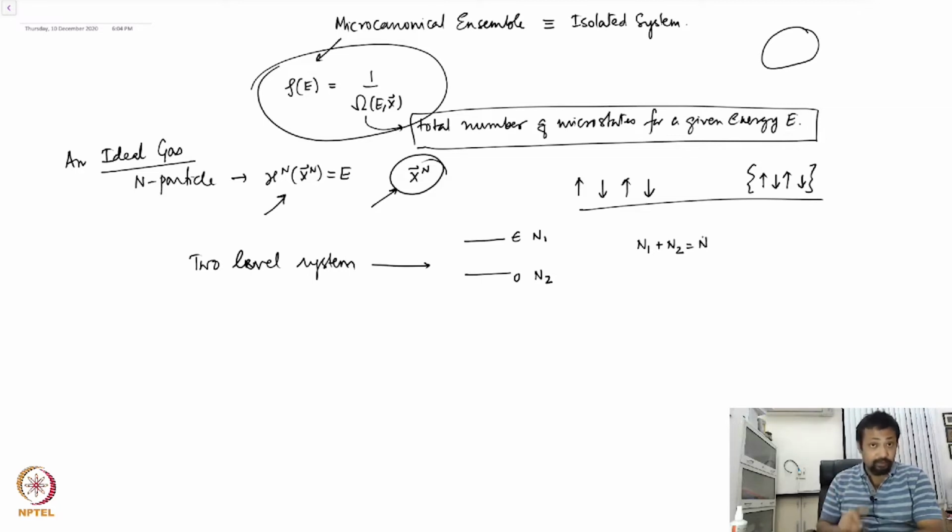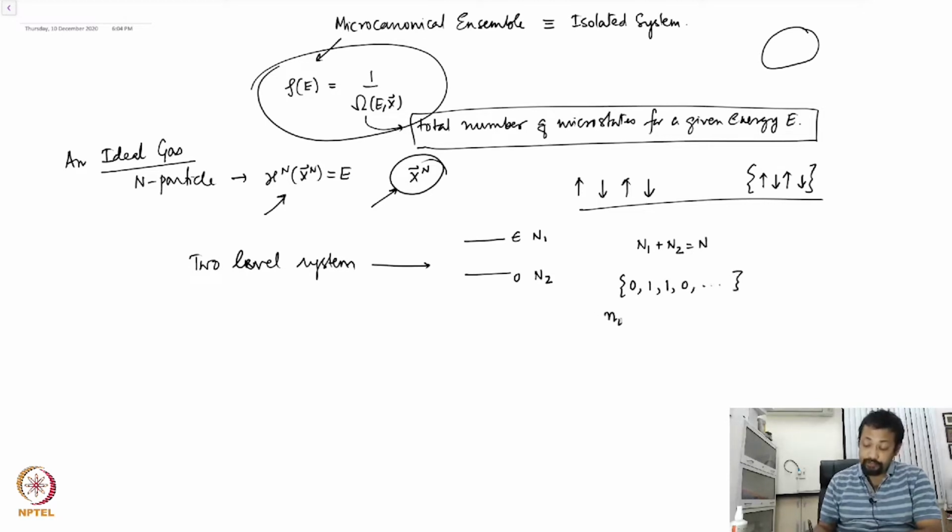Here the microstate is defined by the occupation numbers. So the first particle is 0, the second particle can be epsilon, which we denote by 1, and so on and so forth.